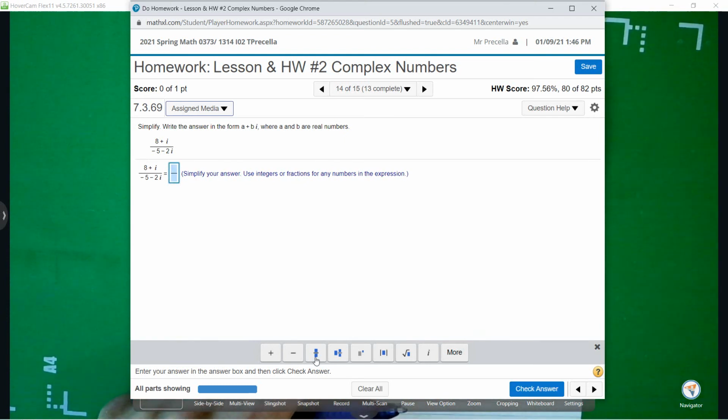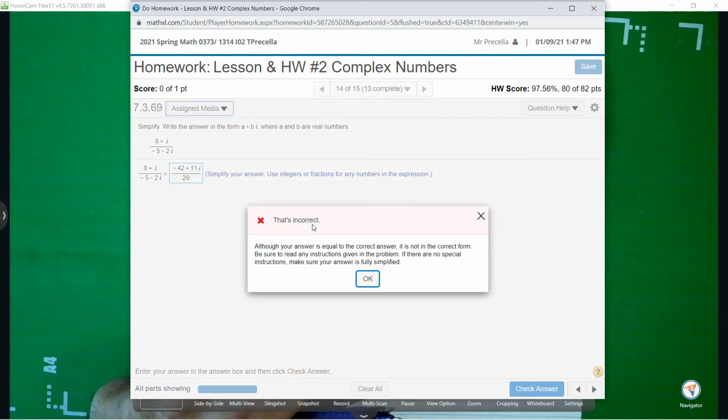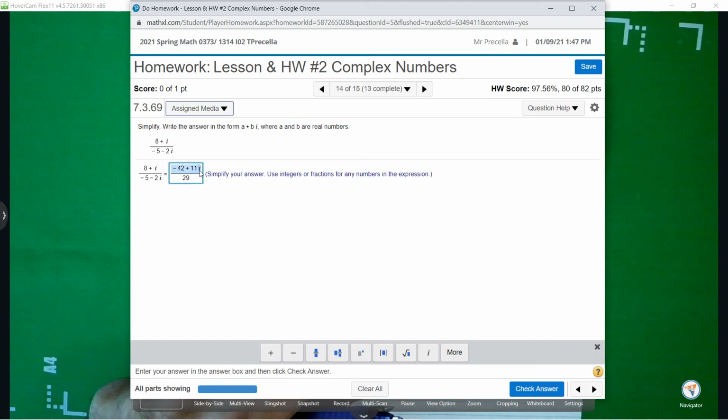And I'm just going to punch in the big fraction, negative 42 plus 11i all over 29. Will it take that? Nope, okay. So that's one change.